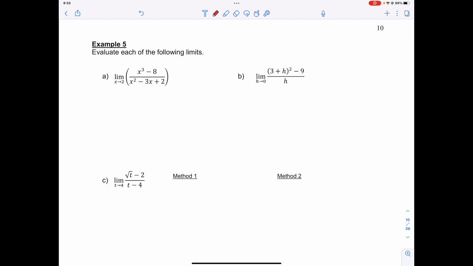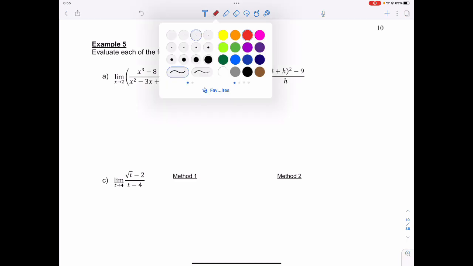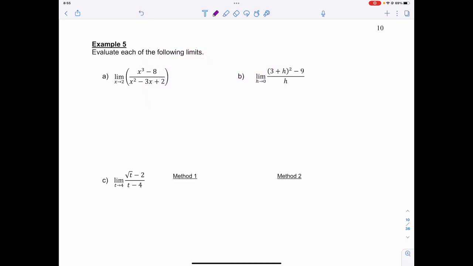We're going to evaluate each of the following limits using that same principle of what we just did. The first thing we're going to do is factor what we can. So if I have the limit as x approaches 2 of x cubed minus 8 over x squared minus 3x plus 2, then I'm going to factor the numerator and the denominator.